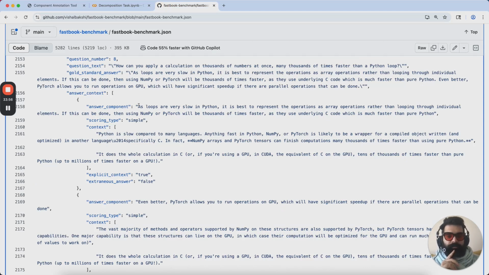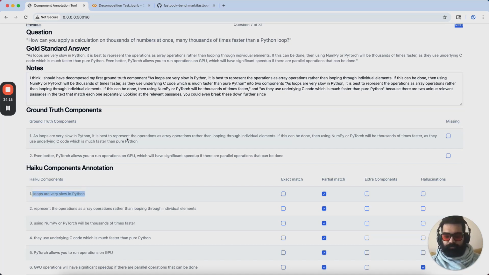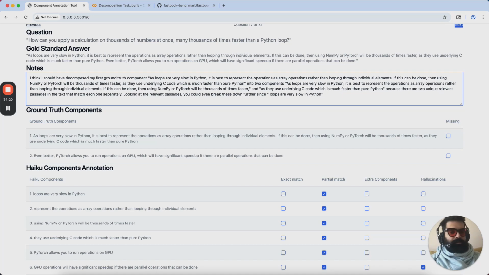So you could even break this down further. I'll say looking at the relevant passages, you could even break these down further, since loops are very slow in Python is itself a chunk in the text.